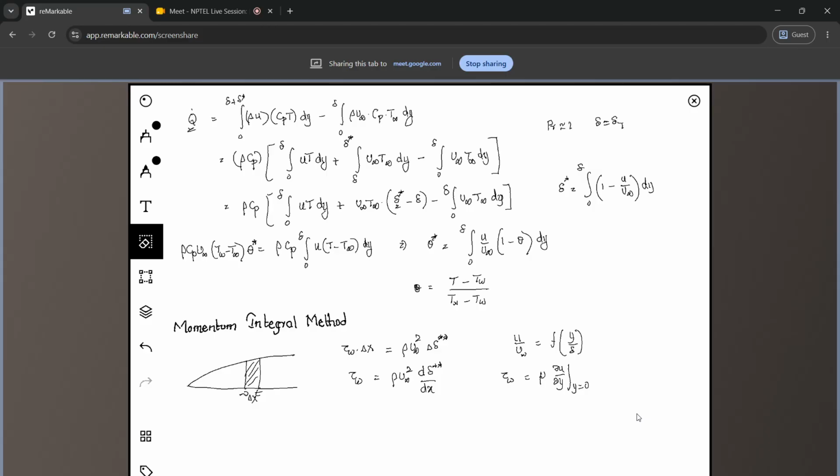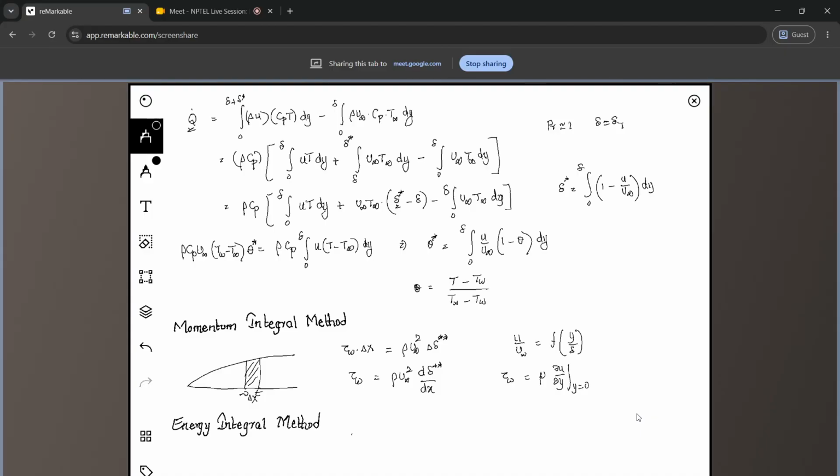Now similar to momentum, we also do an energy balance, and we get the energy integral method. Same as before, instead of the shear stress, we do an energy balance.